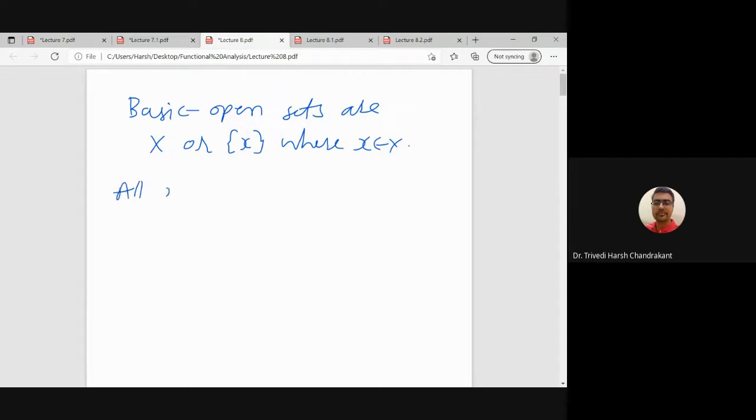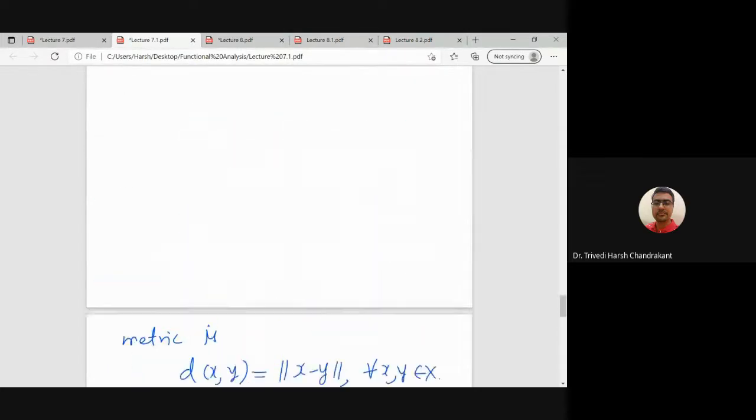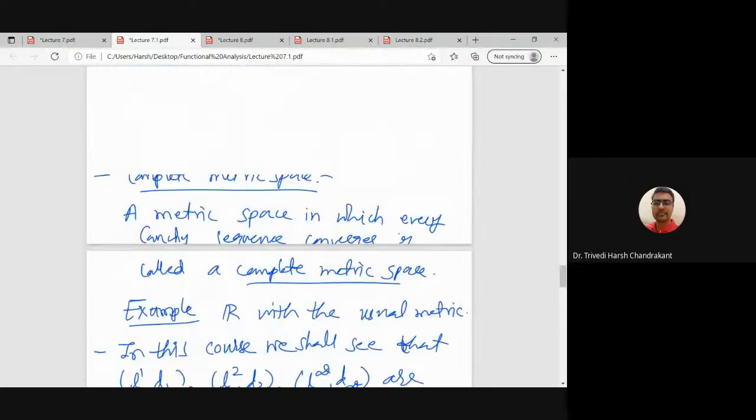So basic open sets are either X or singleton {x}, where x is an element of X. So all open sets, what are the open sets? Open sets are basically the union of basic sets. So why did we mention that?